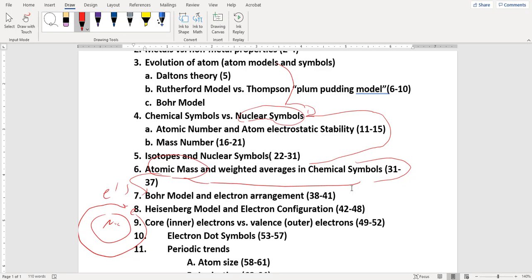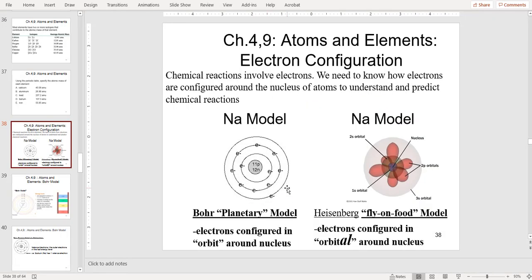So we need to understand how the electrons are organized around the nucleus, or configured, or arranged, or whatever word you want to use, in order to predict chemical reactions, which will be important later on. Let's go ahead and go into detail on this.